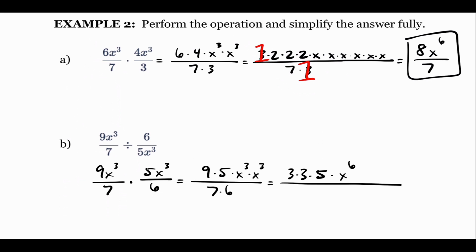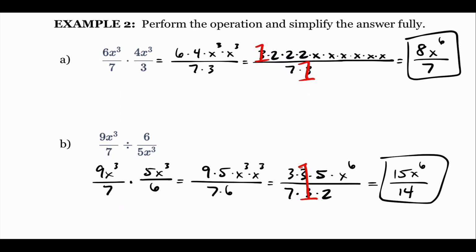Because they cancel out on the bottom. But I see there's no x's on the bottom, so nothing's going to cancel out. And then I get 7, and then 6 is 3 times 2. Threes cancel out. I get 15 x to the 6th over 14.